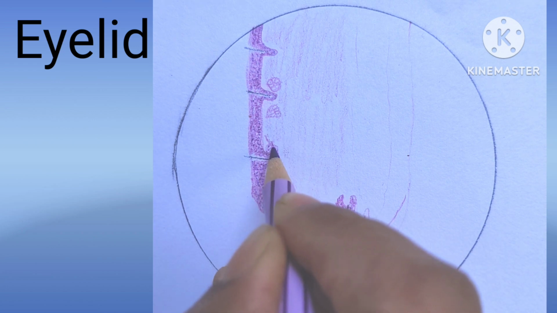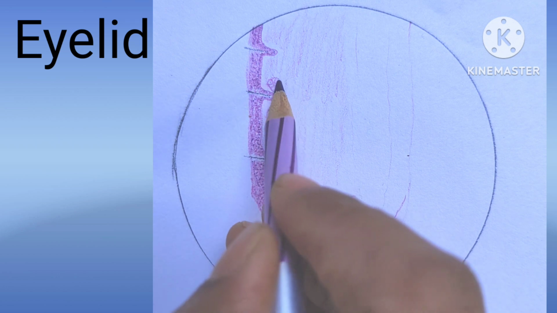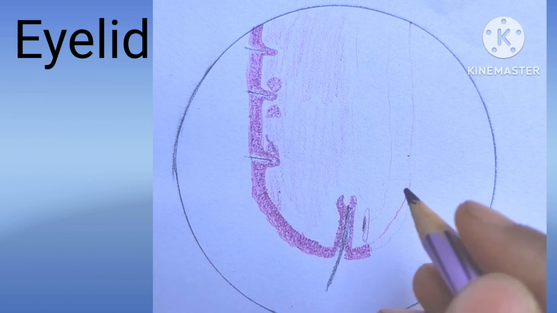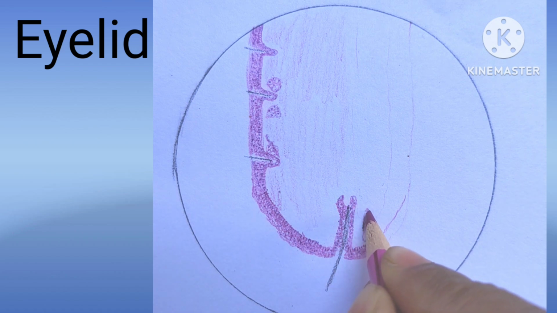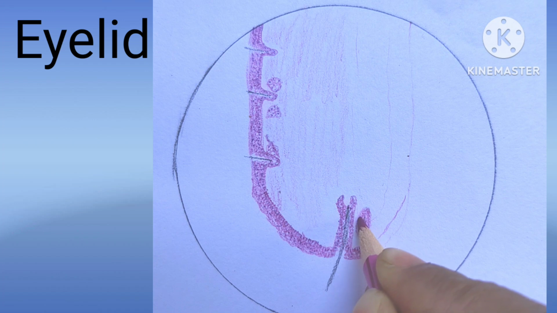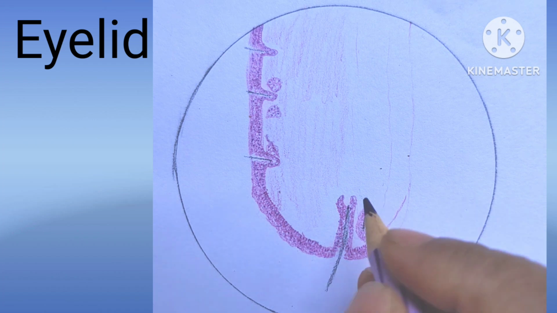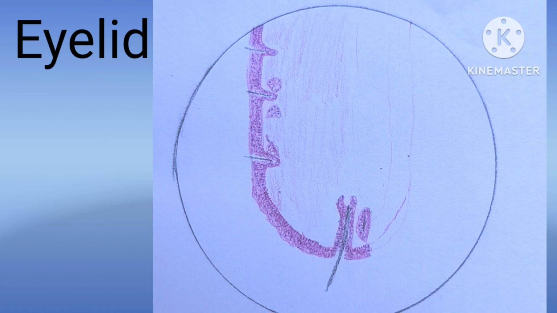The second layer, the subcutaneous connective tissue, is devoid of fat. So we'll give some nuclei which represent the nuclei of fibroblasts, and some blood vessels in it. That's a hair follicle cut section.